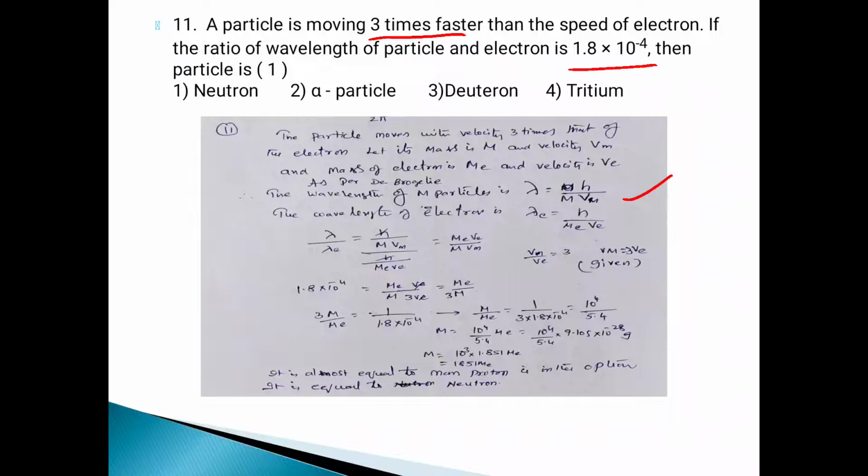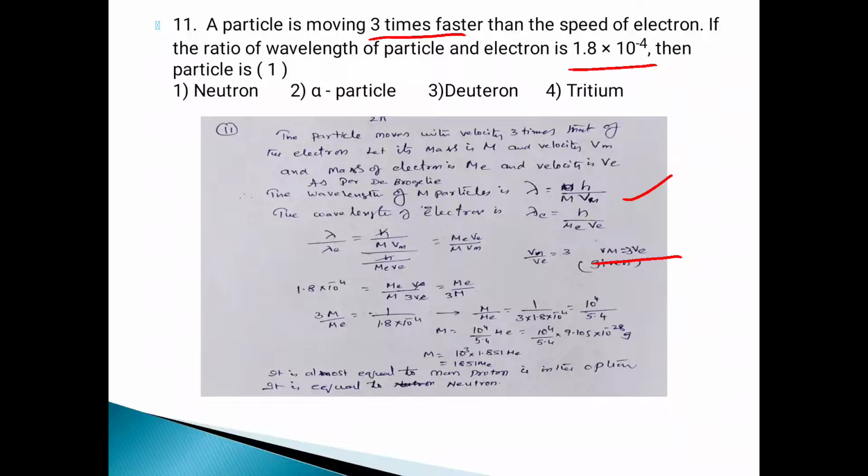Then we can substitute this into this one. That Vm by Ve we got is equal to 3. From this we can calculate the ratio of the masses, which can be substituted.